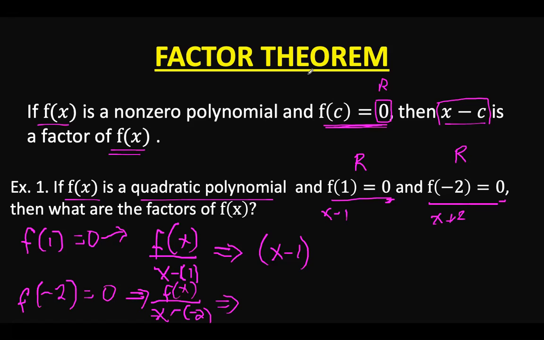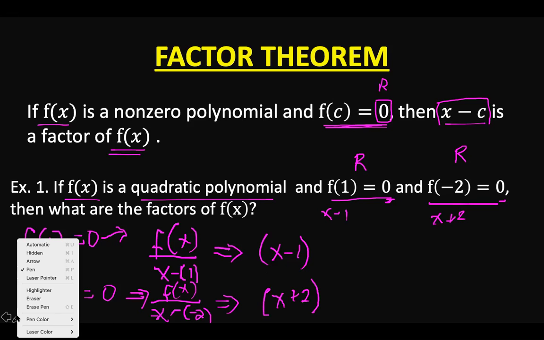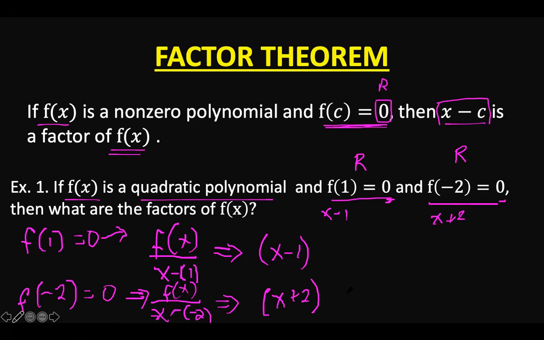And sabi ni factor theorem, pag ang kinalabasan ng remainder ay 0, then eto, yung monomial na dinivide natin sa kanya ay nagiging factor siya ng polynomial. So magiging x plus 2 ay factor din ni f of x. Okay? So, ano bang gustong sabihin ng factor na yan.